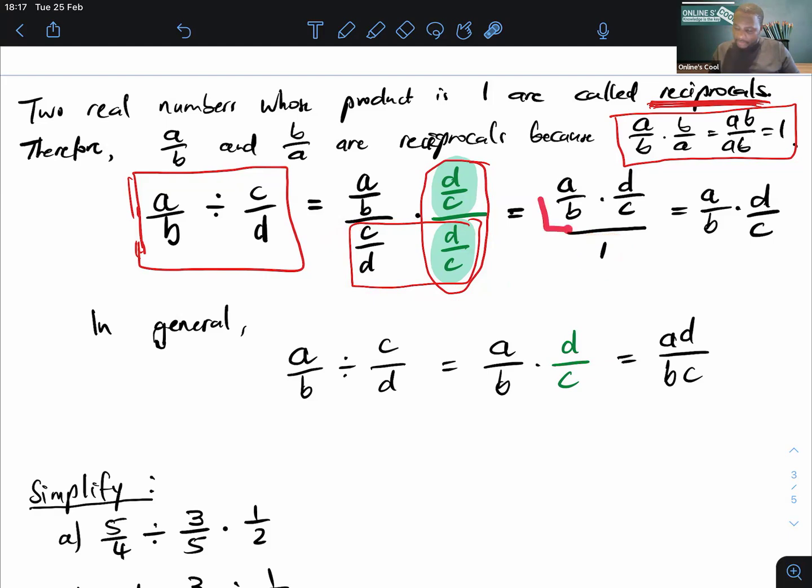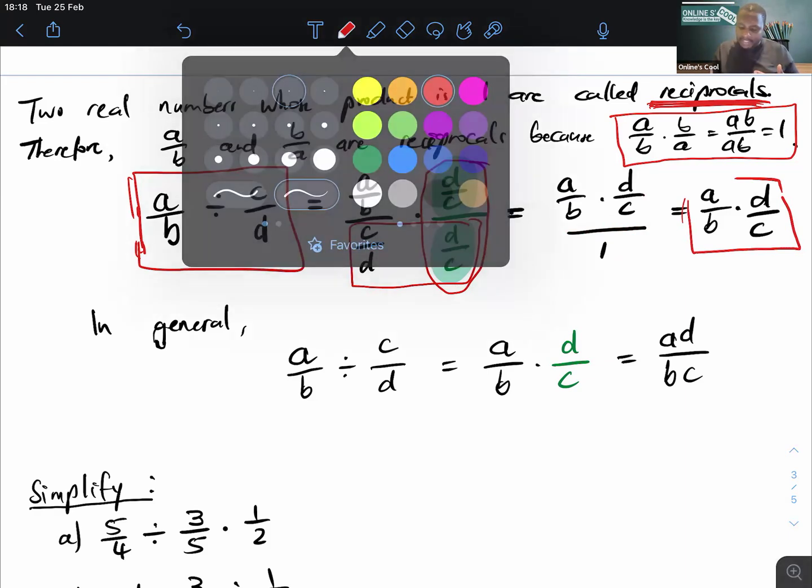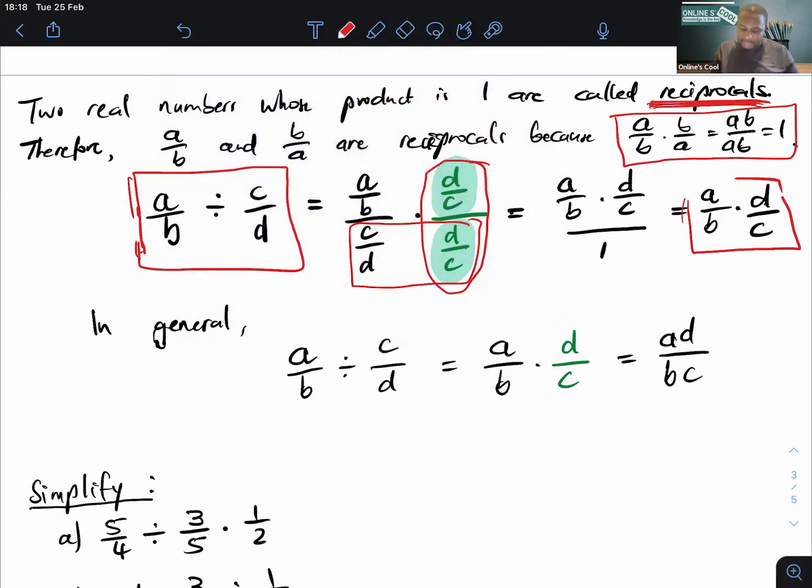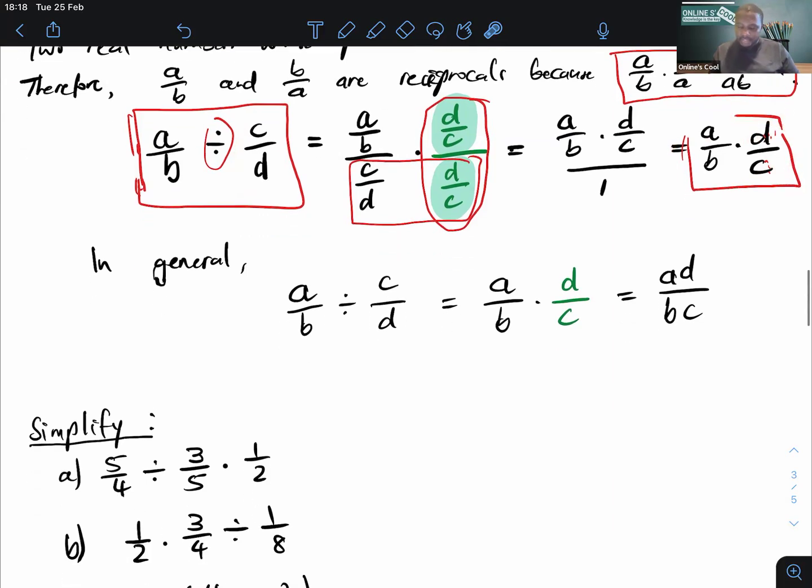And then I'm left with A over B multiplied by D over C. So you'd often hear that if there's a divide, you can change the divide into multiply and then flip these 2. You guys have heard that, right? This is where it comes from. You first initially divide by the reciprocal of the denominator, and then you work it out, and it leads you here. This is the mathematics of it.